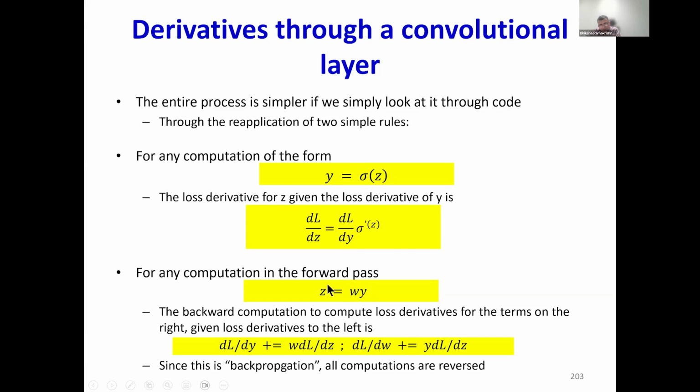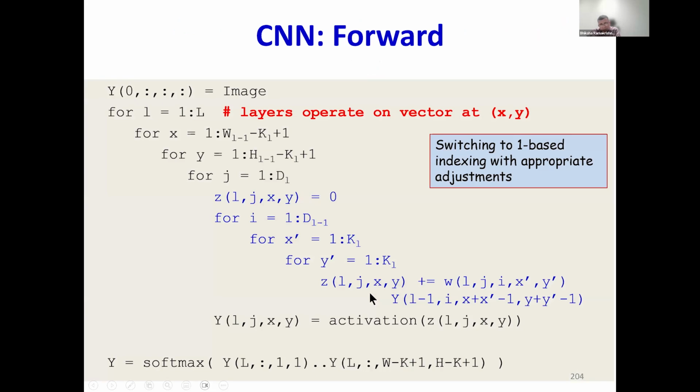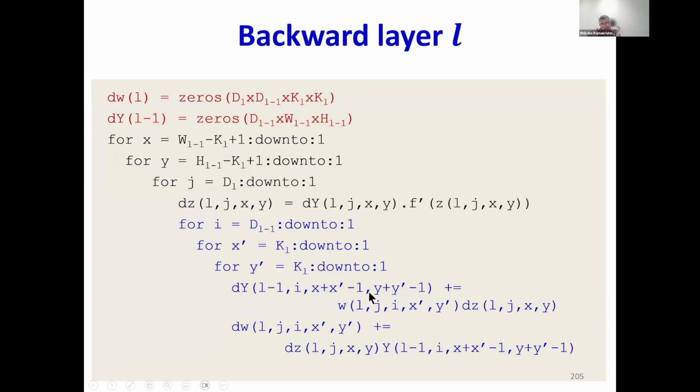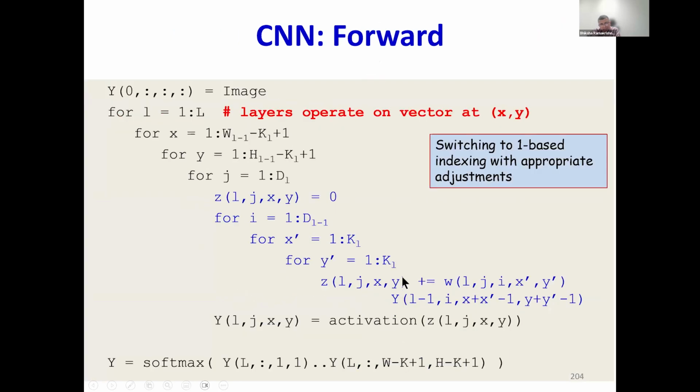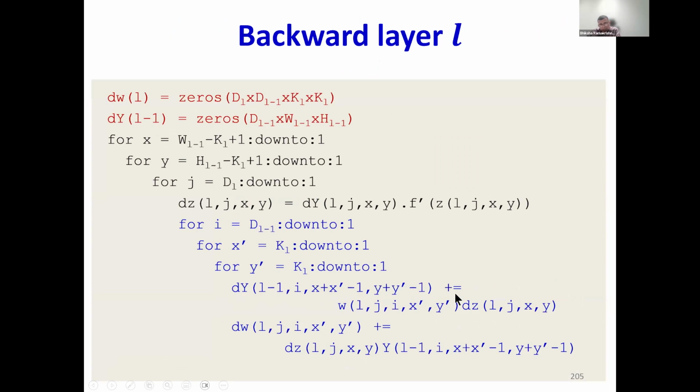And the derivative of the loss with respect to w is the derivative of the loss with respect to z times y. So that's what we do here. All I did was observe that z equals w times y. Note the indices. I'm going to use the same indices and say the derivative for y is the derivative of z times w, and the derivative for w equals the derivative for z times y.